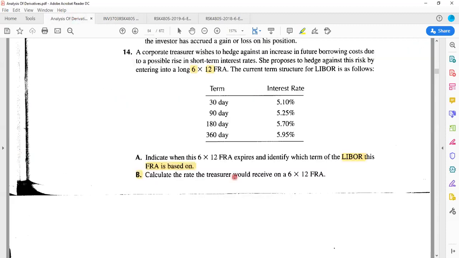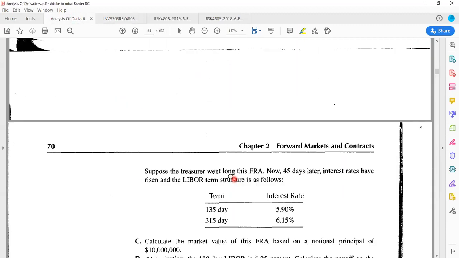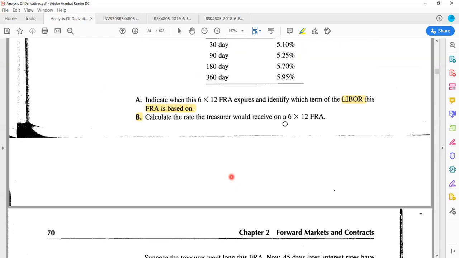So the next part of the question wanted you to calculate the forward rate agreement, right?